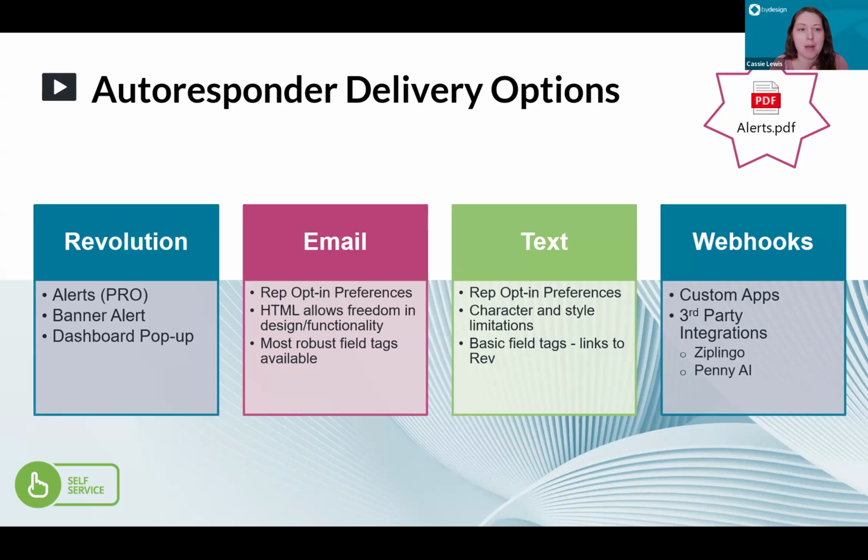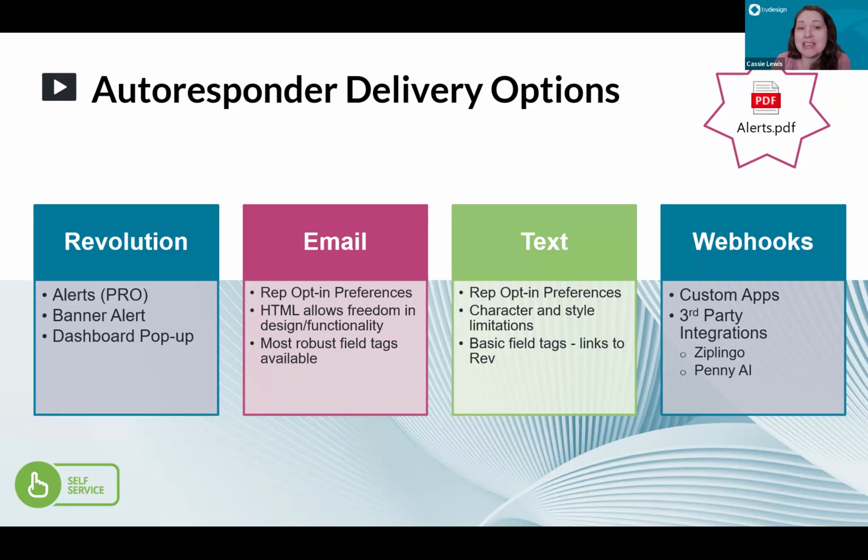There's lots of different options here. I would caution you on overusing the alert or pop-up because you really want to save that for those times when you really need to get their attention. Otherwise, you're probably going to want to lean more toward the alerts. So that's the Revolution option.